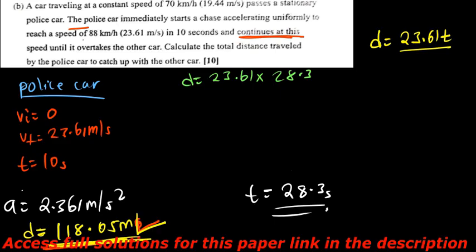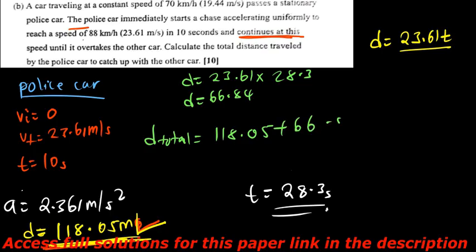that is 66.84. So the distance is 66.84. So now the total distance should be 118.05 plus 66.84, which is 184.